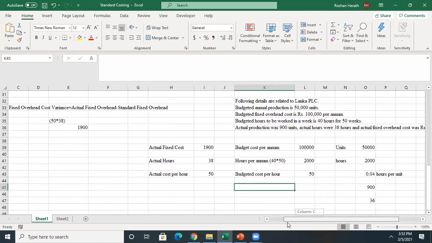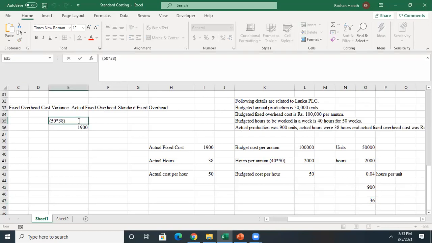So accordingly, for this actual production, you are only allowed 36 hours at a rate of 50. It is 50 into 36.